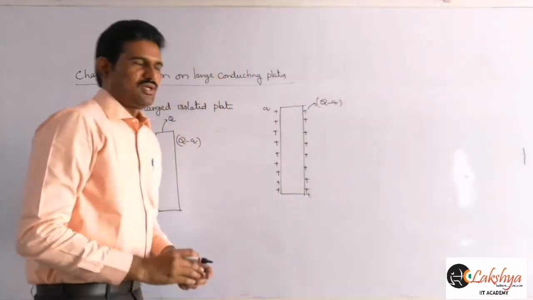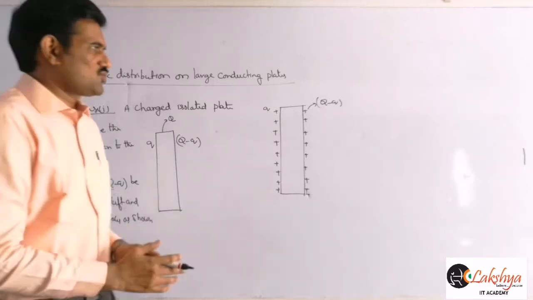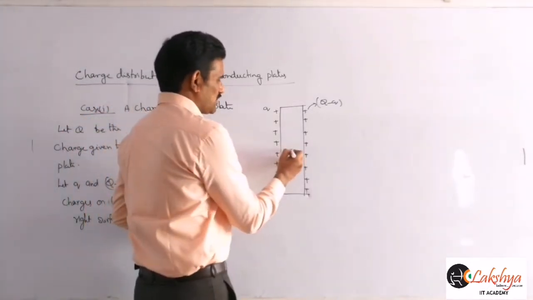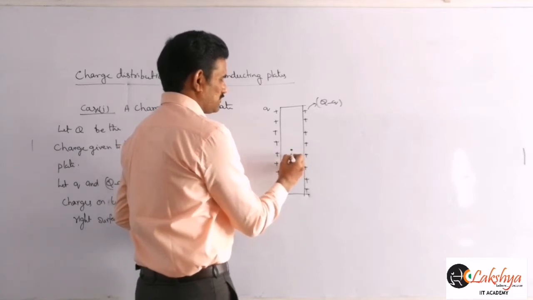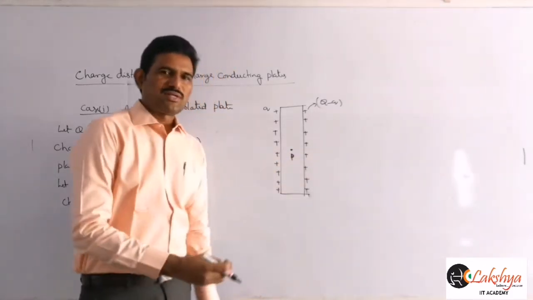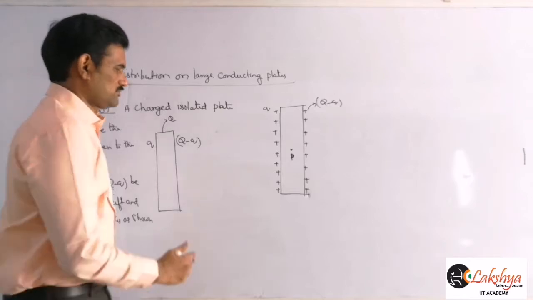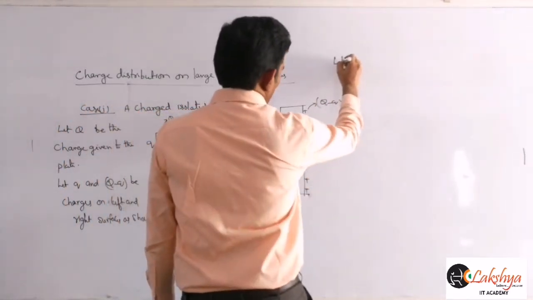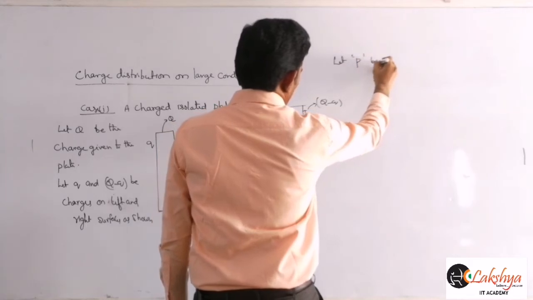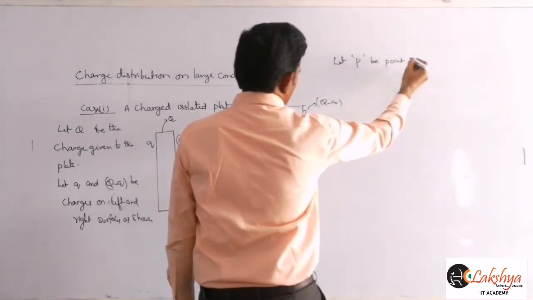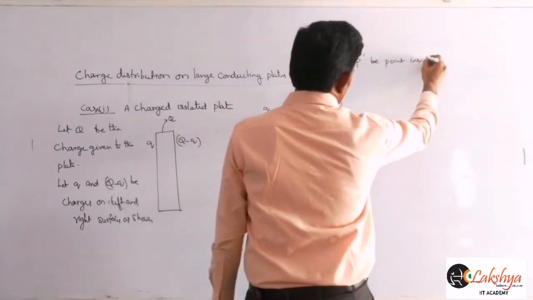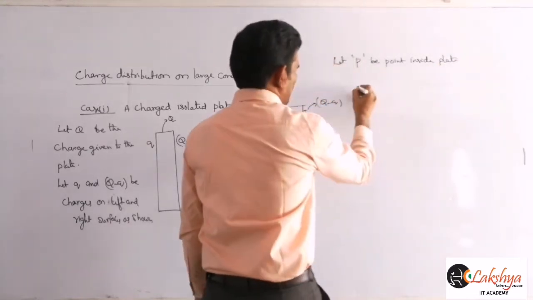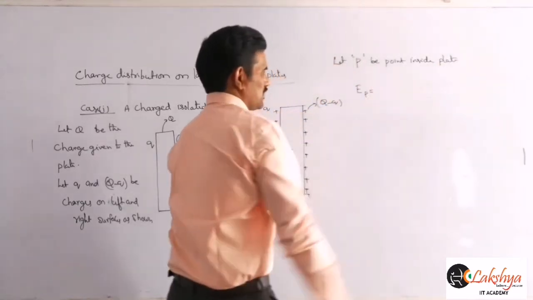Now, to find that small q value, we should take a point here. I am taking a point P. Now let us write the electric field at that point. Let P be a point inside the plate.